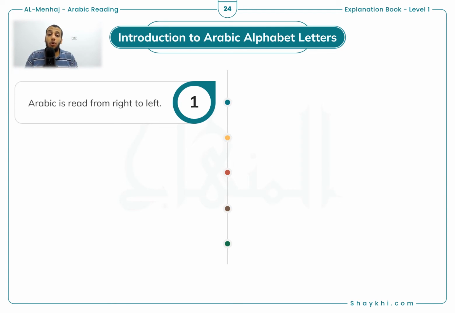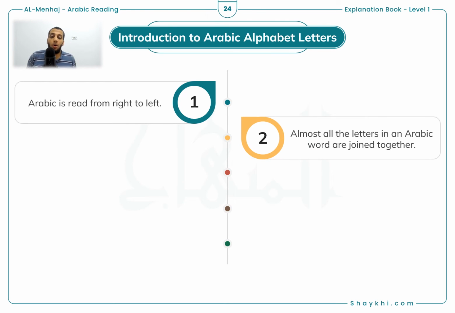Okay, so now let's move to the second question, which is, how many shapes of the Arabic letters are there? This is just an introduction. So let's read the answer. Almost all the letters in an Arabic word are joined together.